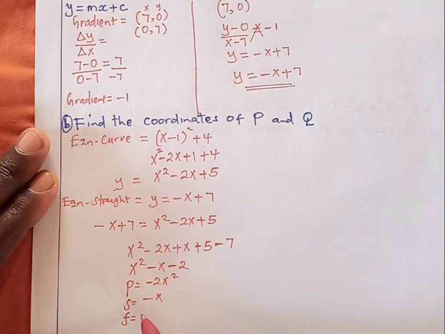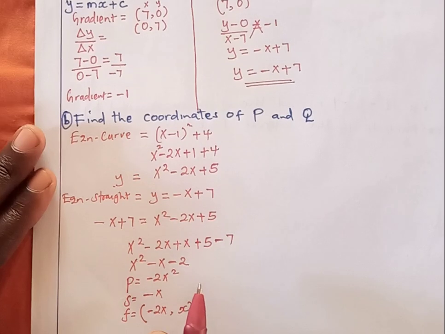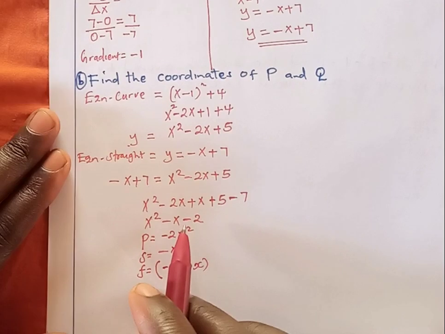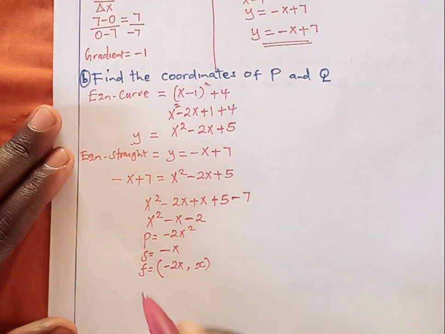We proceed to factors. The factors are in fact negative 2x and positive x. If you multiply the two, they give you the product, and if you add them, you will surely get the sum. Now let us proceed and simplify this further.